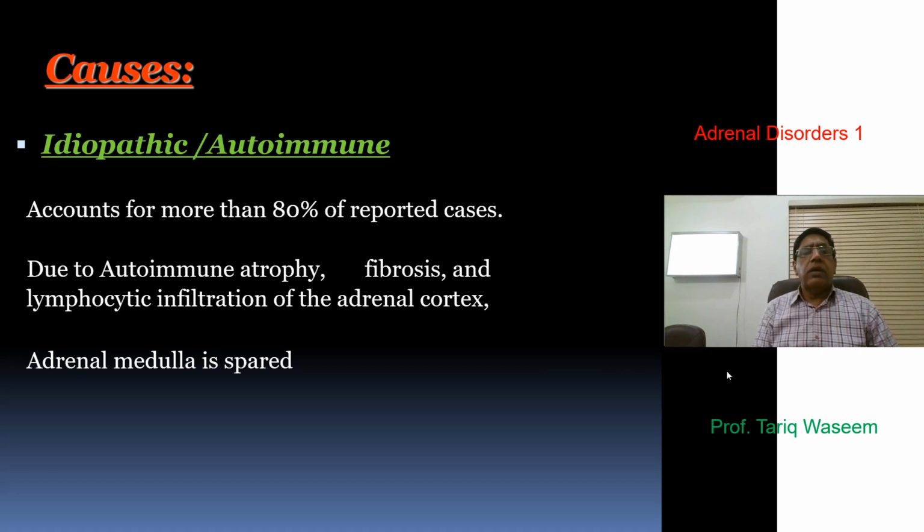Sometimes 80% of the cases which present with symptoms of Addison's or symptoms of hypoadrenalism are because of autoimmune destruction of the gland. There may be lymphocytic infiltration or some fibrosis, but in these disorders, in the idiopathic, the adrenal medulla is spared.